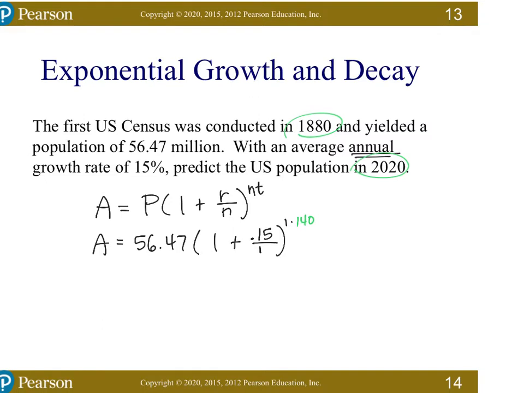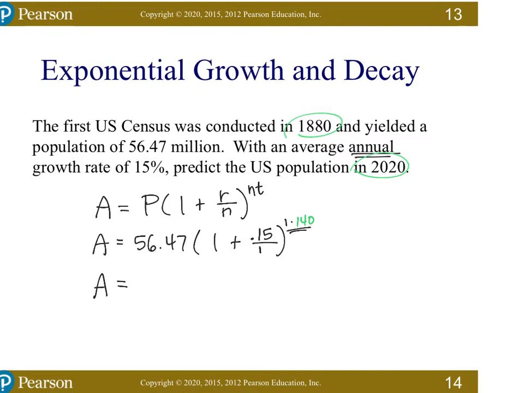At this point, you use your calculator to evaluate this and round. Always look at 4 decimal places so that you can round to the nearest third decimal place. Make sure you use parentheses correctly and powers correctly in your calculator.